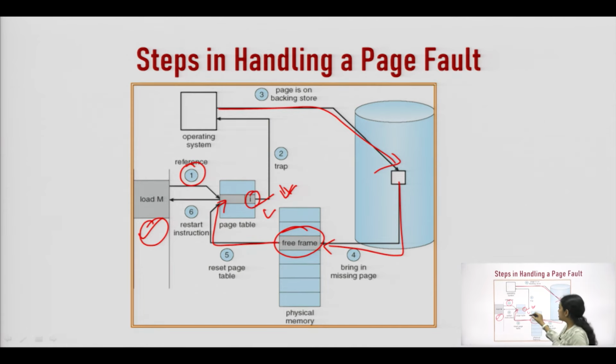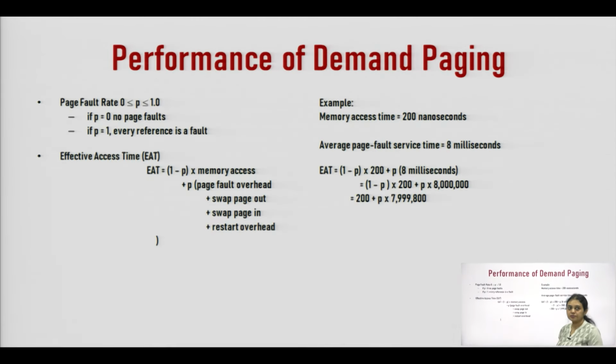So, these are the steps: step 1 reference, step 2 trap the operating system, step 3 page is in the backing store, step 4 bring in the missing page, step 5 reset the page table, and step 6 finally restart the instruction. So, these are the steps in handling a page fault.